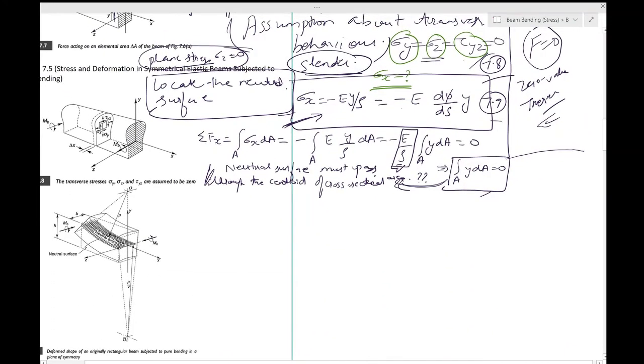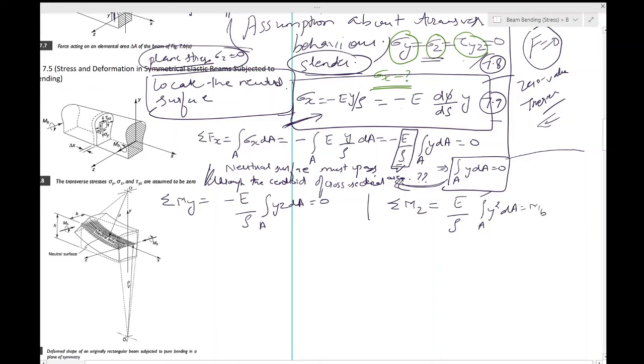Once you do that, you will have sigma my is equal to minus E by rho, integral of y z dA, is equal to 0, and sigma mz is equal to E by rho, integral of y squared dA.